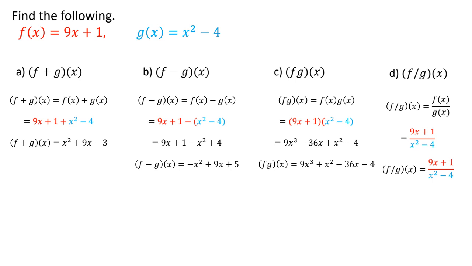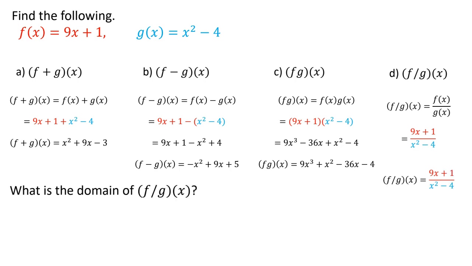But again, in your final exam, if you have it on paper or on computer, your instructor might ask you to find the domain of this fraction. And the reason why we ask you to give us a domain on this one is because we have a fraction and we never want a 0 for our denominator. So to find the domain of f divided by g of x, we would set the denominator equal to 0.